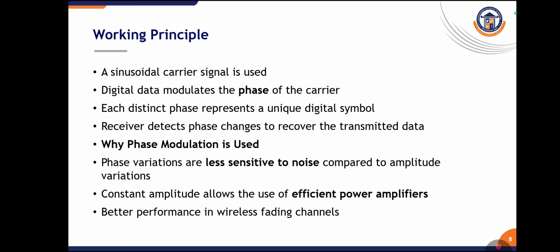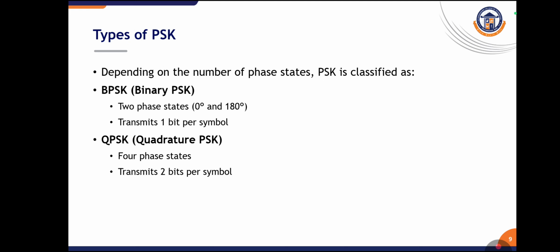The receiver detects phase changes to recover the transmitted data. Phase modulation is used because phase variations are less sensitive to noise compared to amplitude variations. Constant amplitude allows the use of efficient power amplifiers and gives better performance in wireless fading channels.